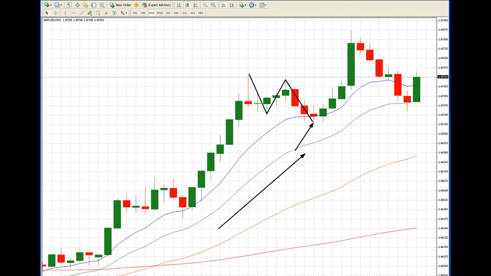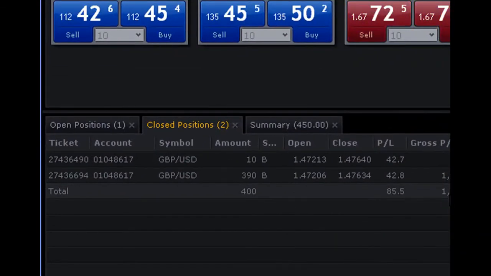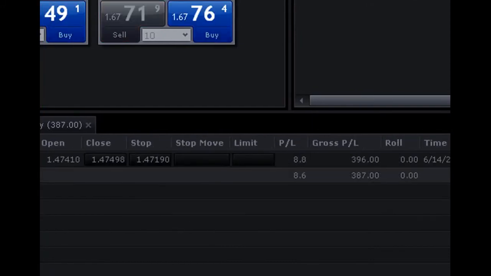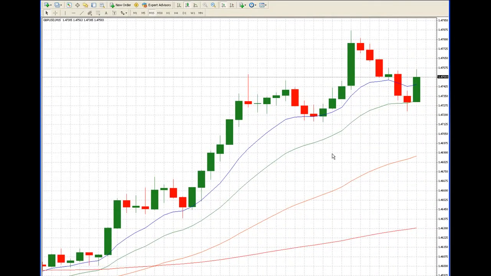If I just show you here, it was this position here that was very profitable, but obviously I couldn't record it because I wanted to show you around about when this bar had formed, and we would have identified the trade then.